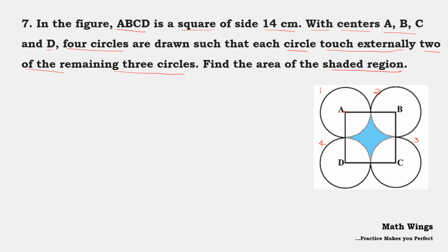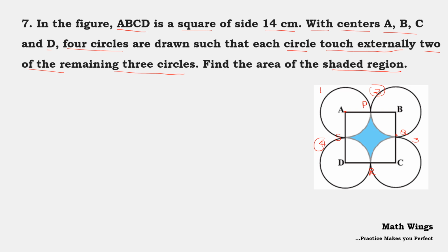Now, circle 1 is touching the circle 2 as well as 4 at the points on the side of the square. If I have to name them, I can name them as P, Q, R and S. Correct? So we have to find the area of shaded region.